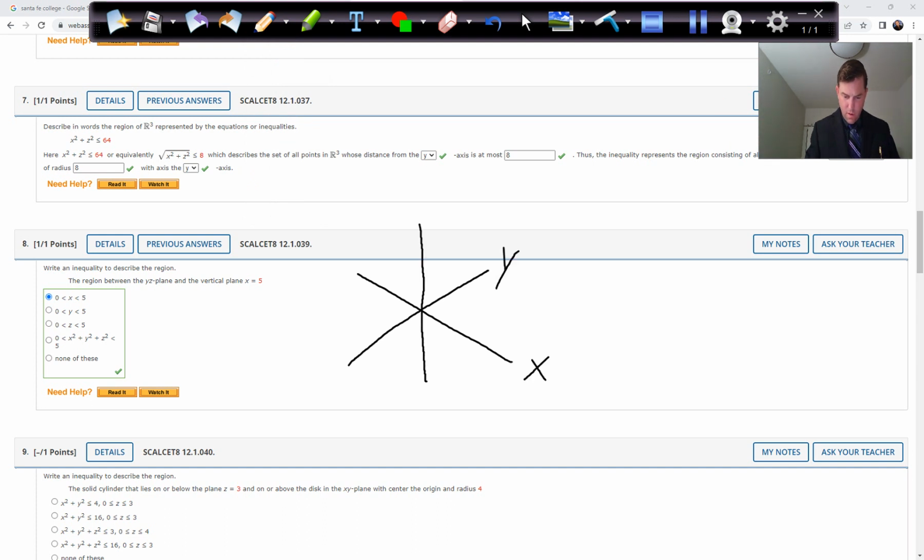X, Y, Z. Right-hand rule says put your right hand in the direction of X, curl towards Y, your thumb points in the positive Z direction. So I've written the letters in the positive direction. Okay, so the region between the YZ plane, let me write it in blue, would be this plane right here.